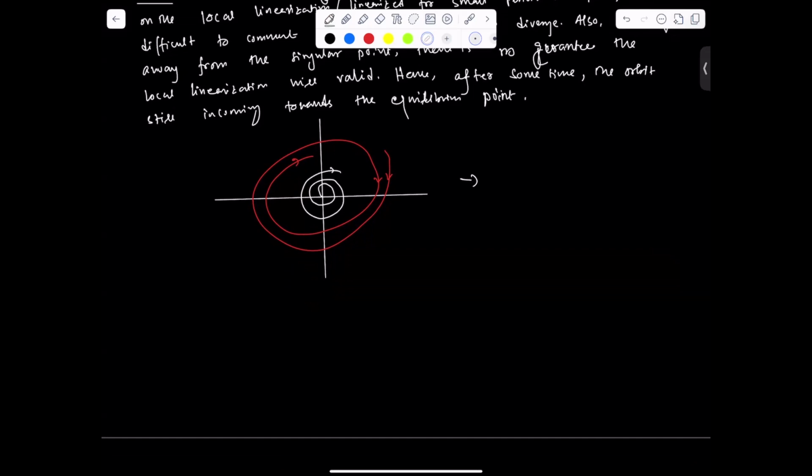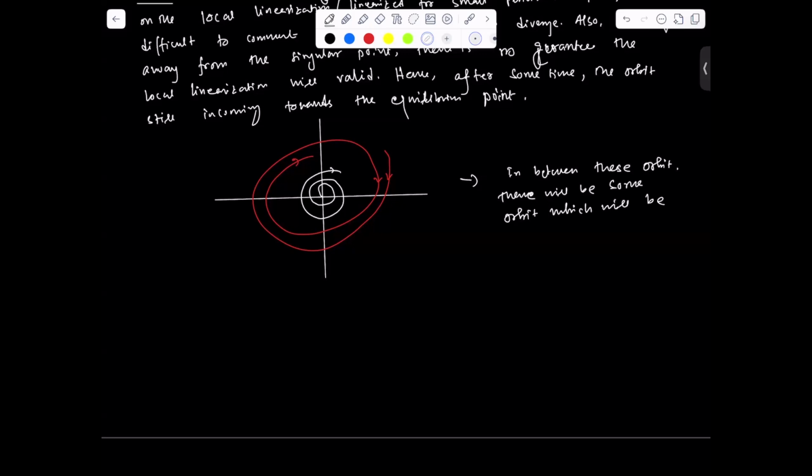In between these orbits, there will be some orbit which will be stable on both sides.